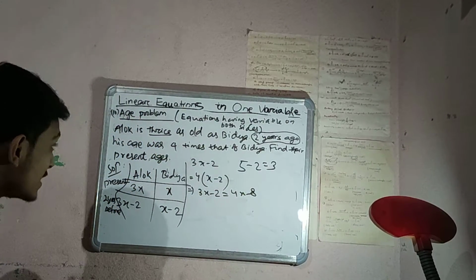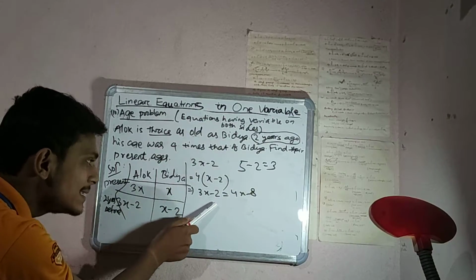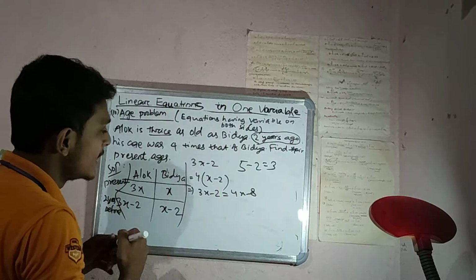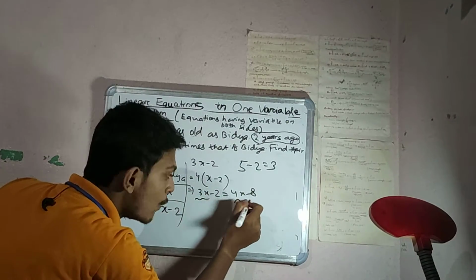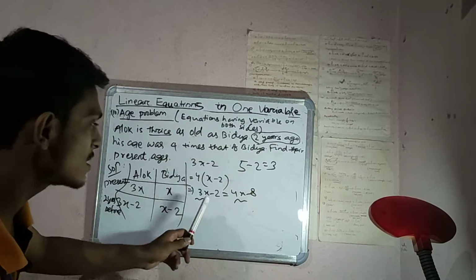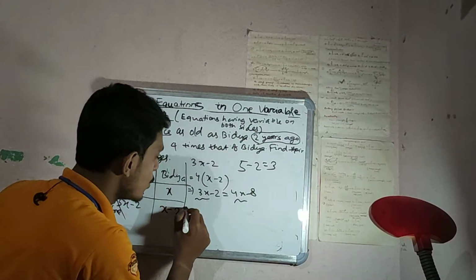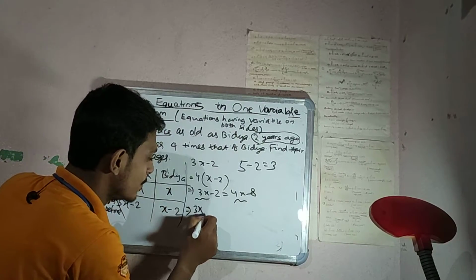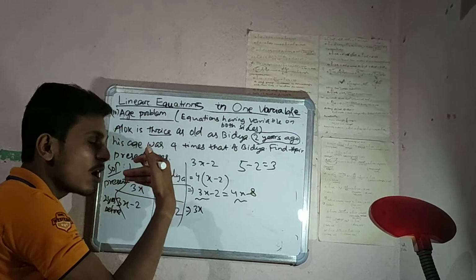So it is in the form of an equation having variable on both sides. Here 3x is a variable, and 4x on the other side. So what is the process of solution? We have to interchange the sides: variables to one side and numbers to the other side.